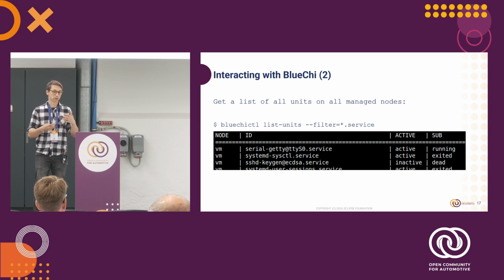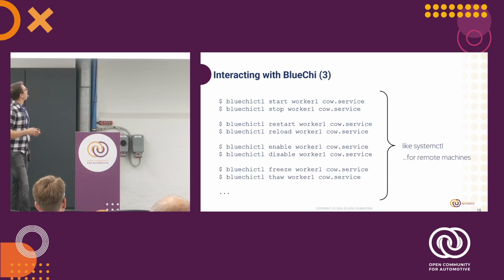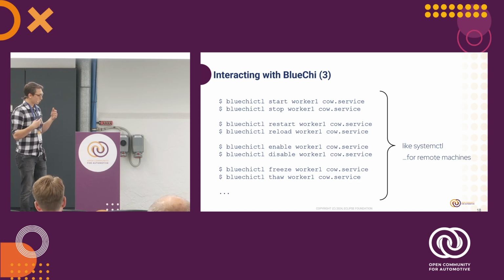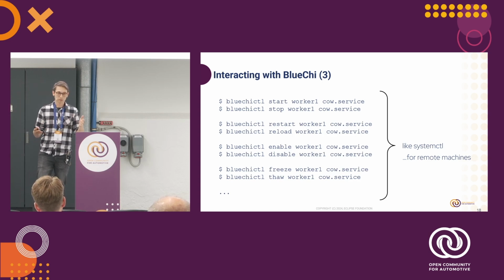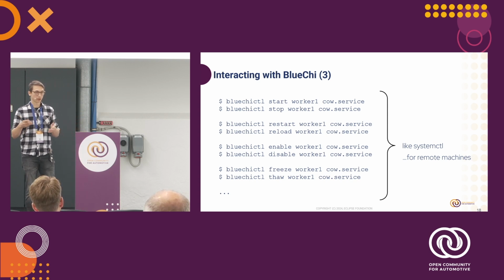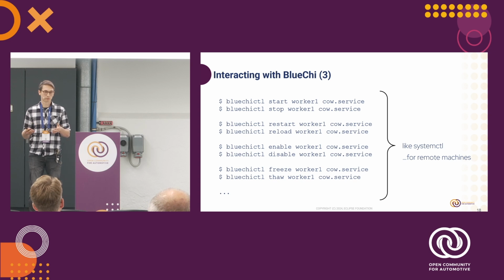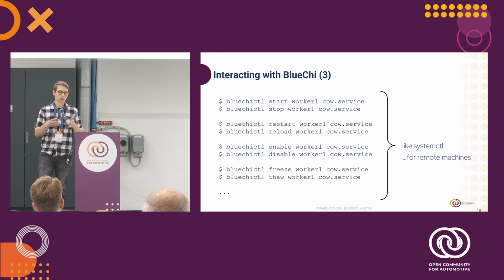In this case, we just want to get all the services. So there are, of course, a lot of other commands in BlueChi CTL: start, stop, restart, freezing, thawing, you name it. And if you're familiar with systemctl, this might look familiar, because it is. We tried to design BlueChi CTL to feel like systemctl, but for remote machines.